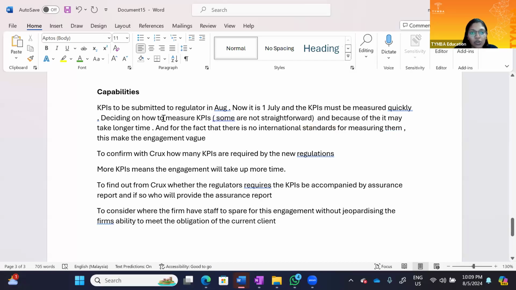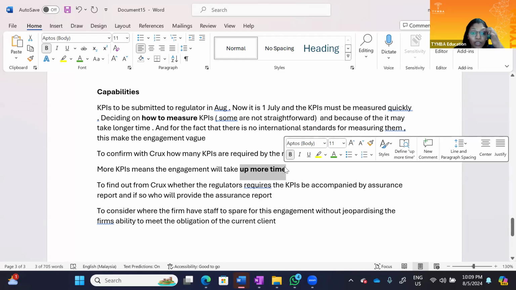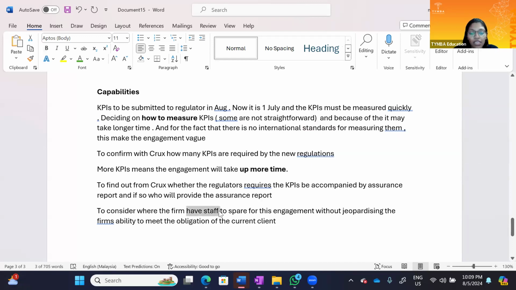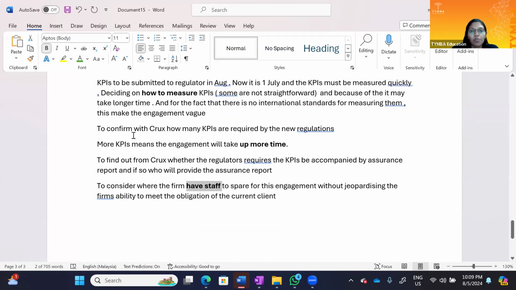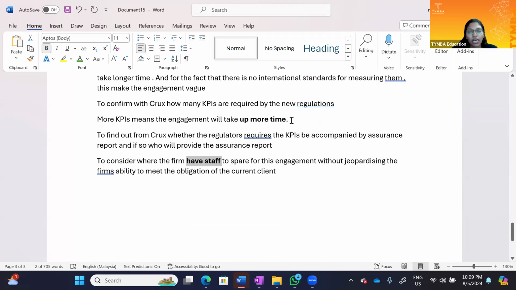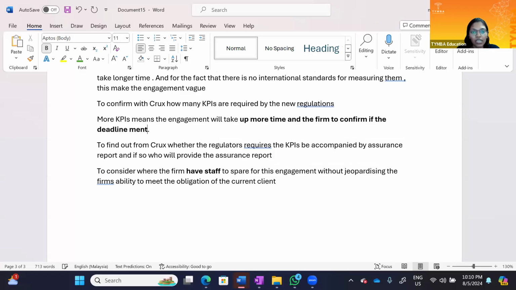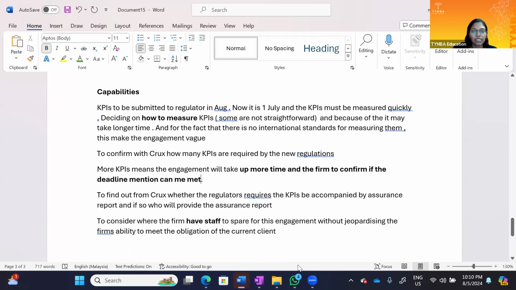Because we don't know how to measure, we don't know the size of it, but we know it is going to take up more time. So we want to know whether we can meet the deadline and whether we have the availability of staff. More KPIs means more engagement time, and the firm has to confirm if the deadline mentioned can be met. These are the capabilities.